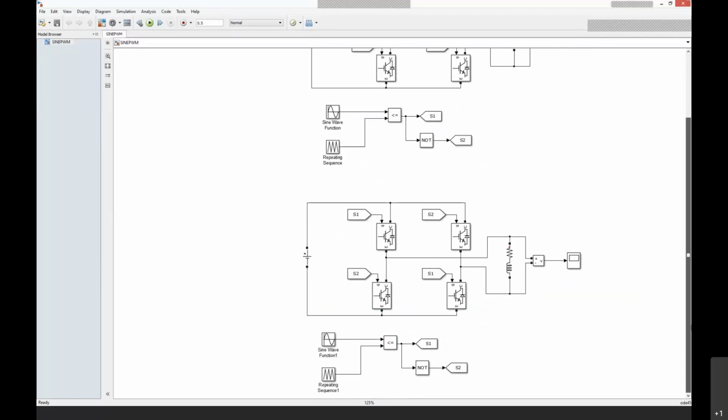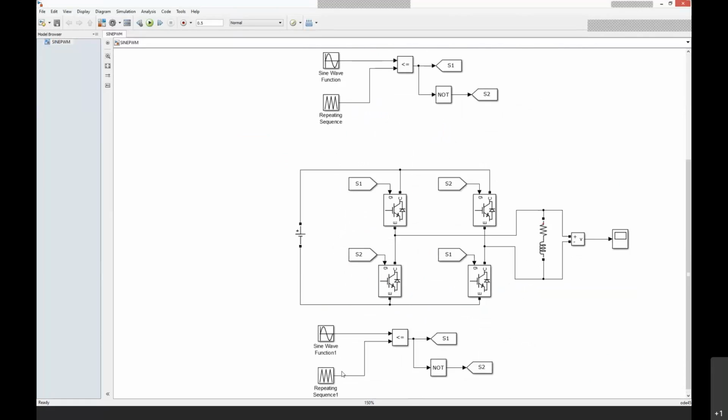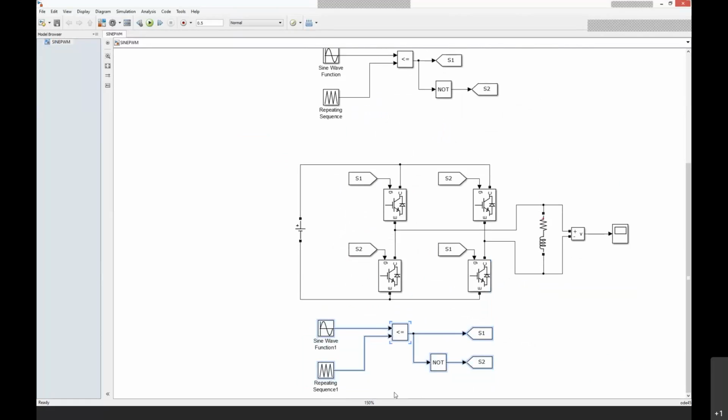In case of unipolar, you require one modulating signal and two carriers, or two modulating signals and one carrier. This is one carrier and modulating signal comparison; you require one more, so just copy paste this.